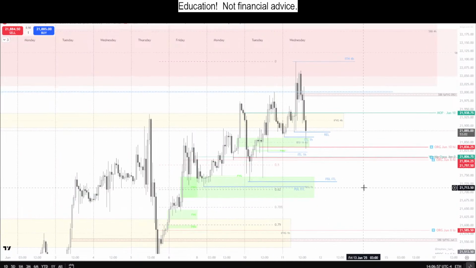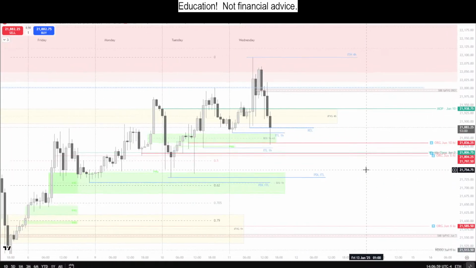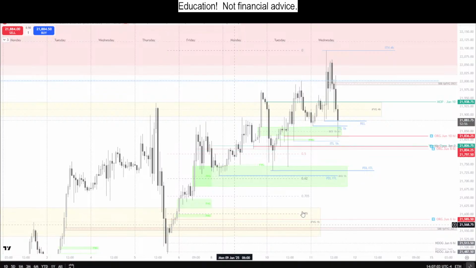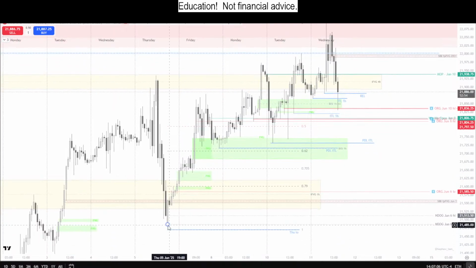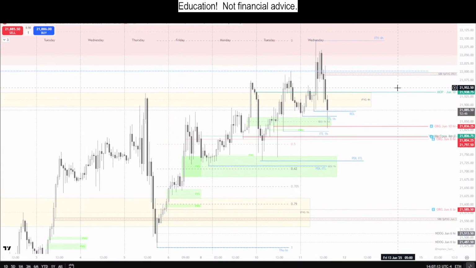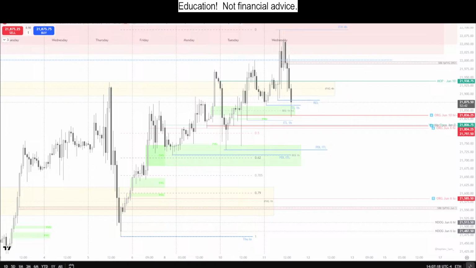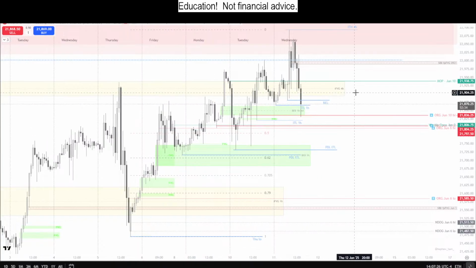I wouldn't be surprised if it is, because we've moved up nicely over the last week or so. Let's say from Thursday evening session, 6 p.m. Thursday we opened up, and we've pretty much been going higher for a week. So if we were to retrace to, let's say this is equilibrium of the dealing range on the higher time frame, that certainly wouldn't be surprising.